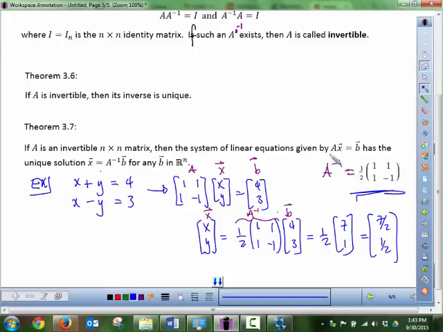It's essentially changing your system of linear equations, solving for your system. Instead of row reducing, if you have access to finding the inverse, you could just find the inverse and then multiply it times the augmented vector part. So it's A inverse times b. Okay.